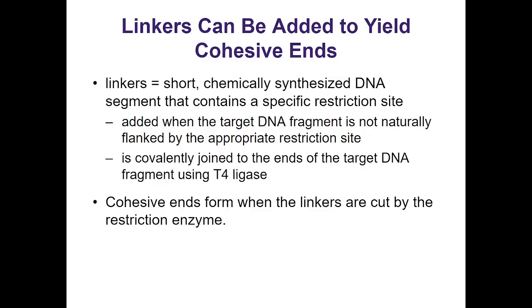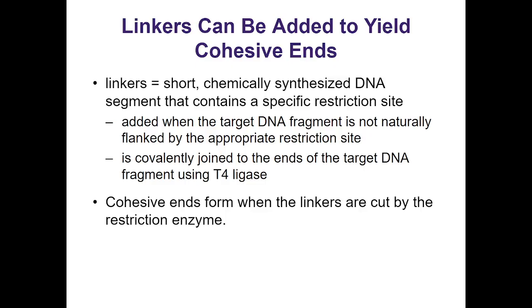So again, these linkers are going to be those short chemically synthesized DNA segments. They're going to contain the specific restriction site. They'll be added when the target DNA fragment is not naturally flanked by your appropriate restriction sites. Okay? They're going to be covalently joined to the ends of the target DNA fragment using T4 ligase.